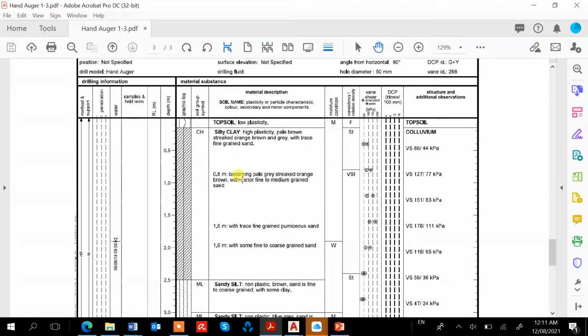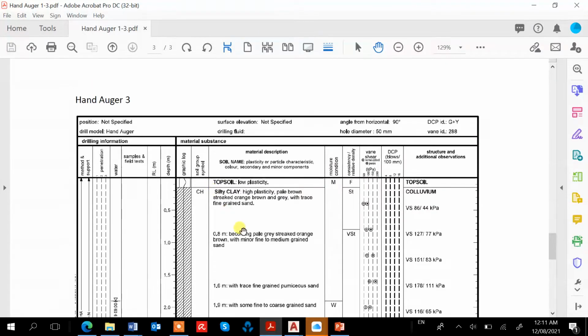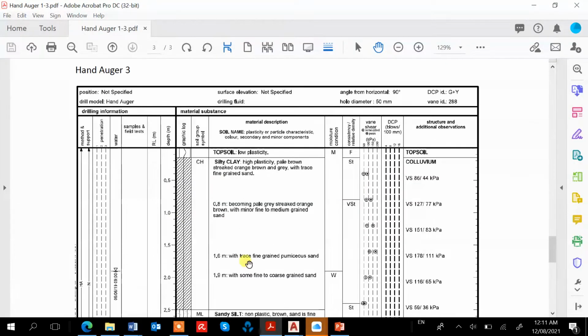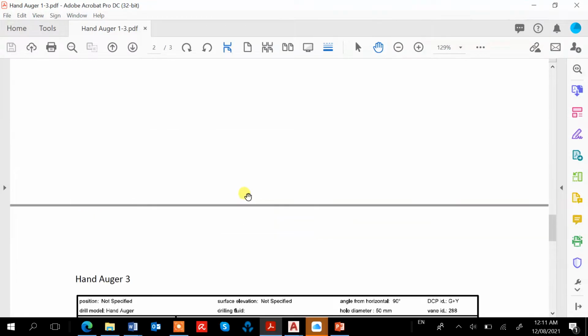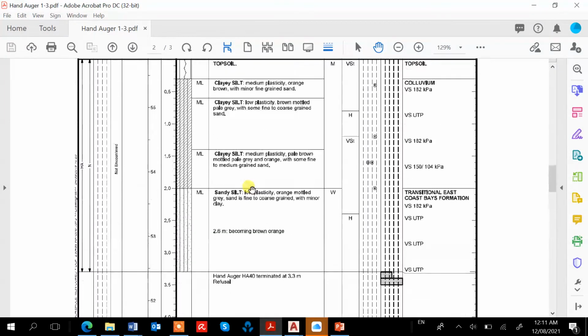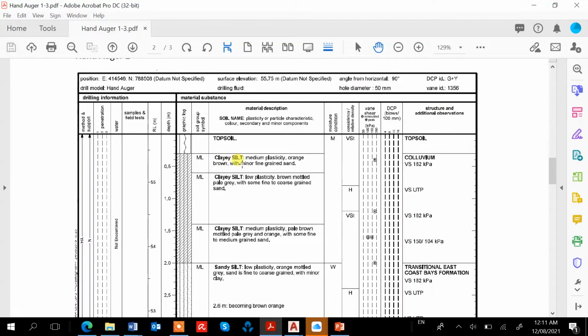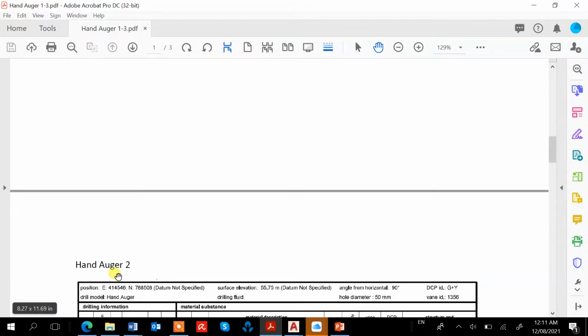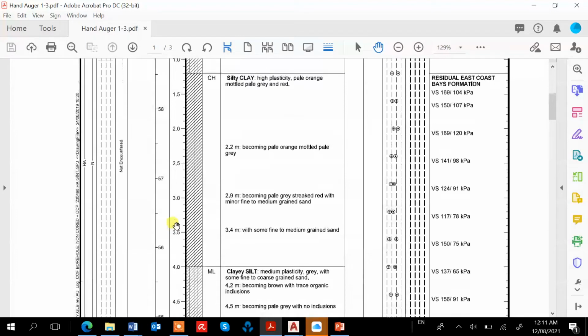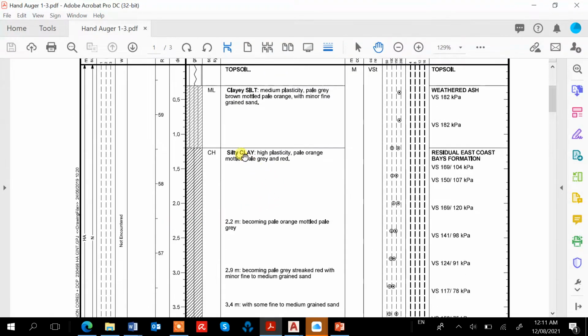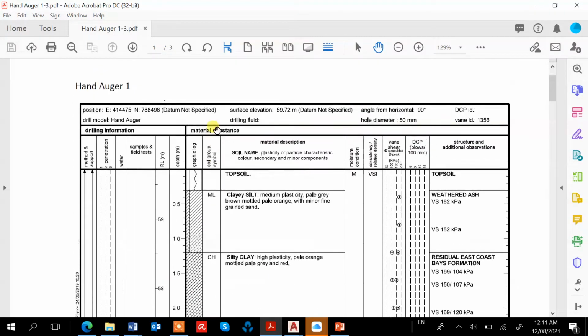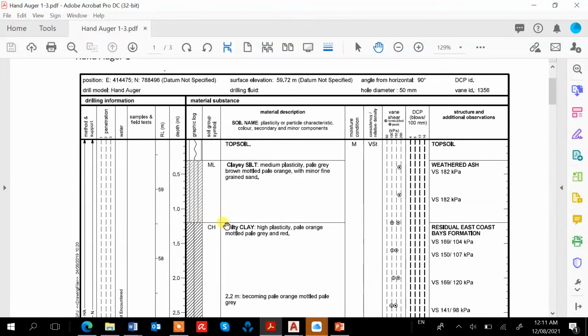So comparatively, this soil here has quite a lot of silty clay, compared to the clay silt, or this HA2, or the HA1, let's say, it's bordering the silty clay at 1 meter plus as well.